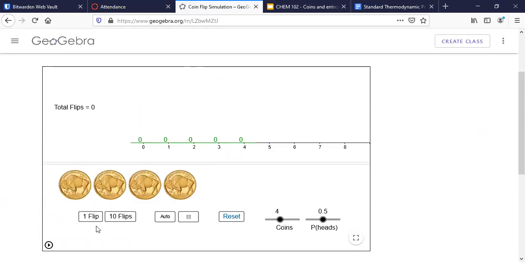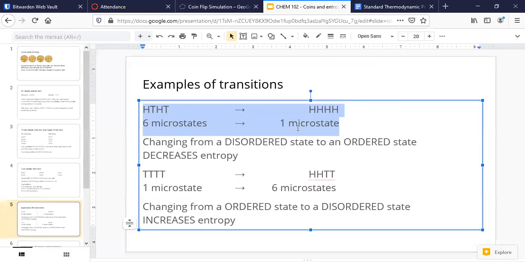And I did a flip. And I came up with 2 heads. Is that the exact flip that I described in the slide? No, it's the opposite of the flip. I got TTHH instead of HHTT. But it was the 2-head state.